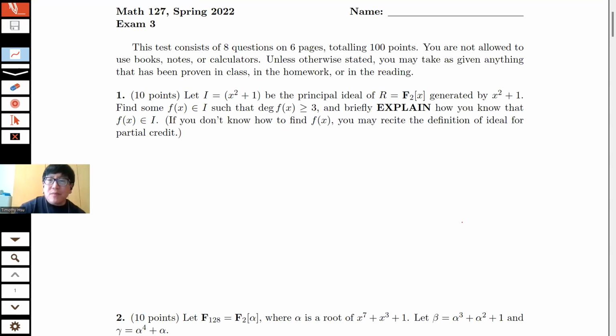Okay, so let capital I be the principal ideal of R[x] generated by x squared plus 1. Find some polynomial f(x) in I such that the degree of f(x) is greater than or equal to 3.